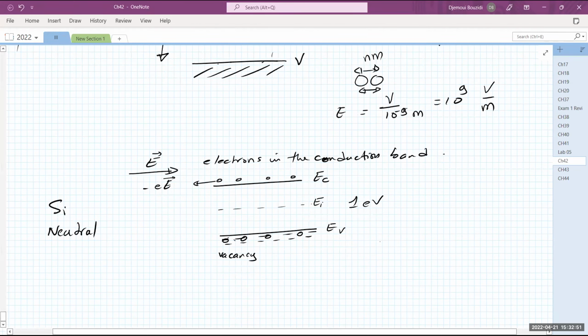But then the next electron will hop from its own atom, where it's bound to the silicon atom, find an available next-door vacancy and move on to it because of the effects of the electric field. So what's going on in this case is the electrons are moving in this way, as if this vacancy, which is called a hole, by the way, is moving in the opposite direction.